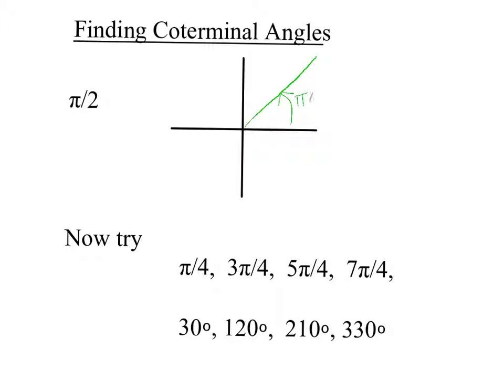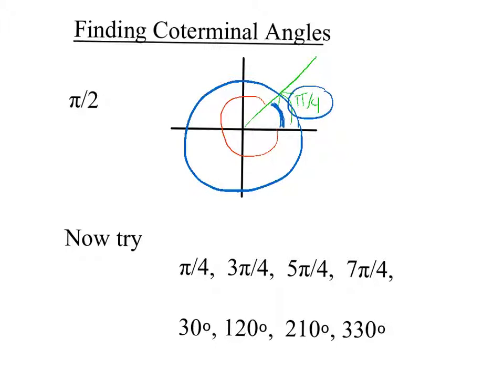Alright, so I've got pi over 4. So if you think about it, the negative version of that, let me draw that in there, the negative version of that fills up the rest of the circle, right? So if I have a complete circle, this part right here is taken up by the pi over 4. So the rest of it is going to be that coterminal.